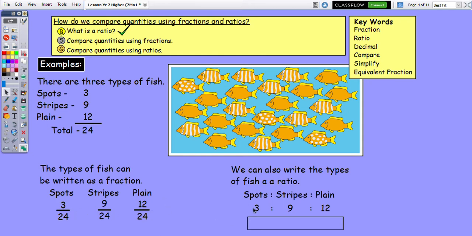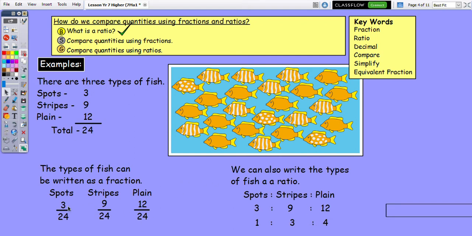Again, I could simplify this ratio if I could find a number that went into all 3 of these numbers. Clearly, I can divide all these 3 numbers by 3, and I could simplify the ratio from 3, 9 and 12 down to 1, 3 and 4.